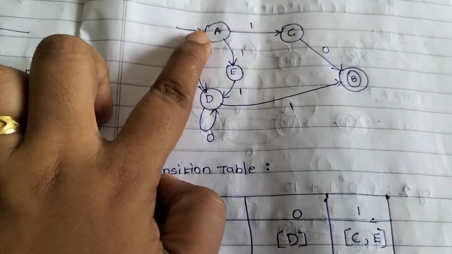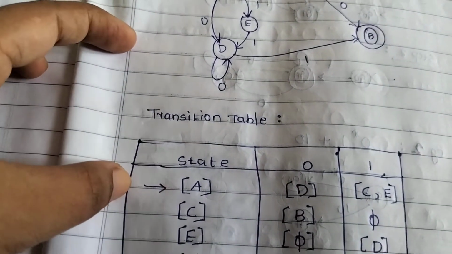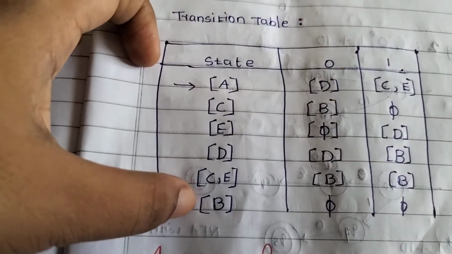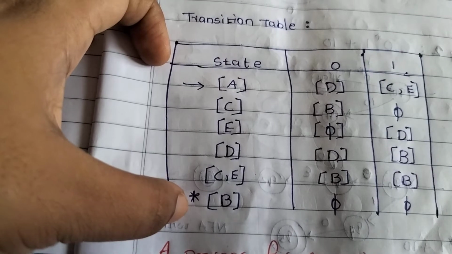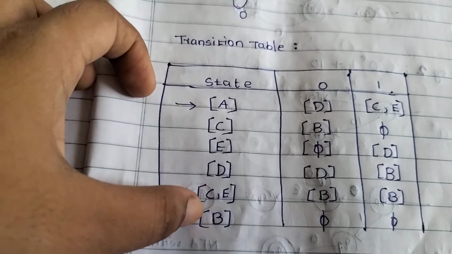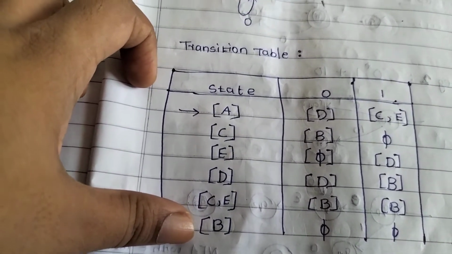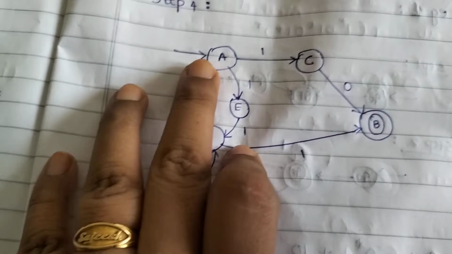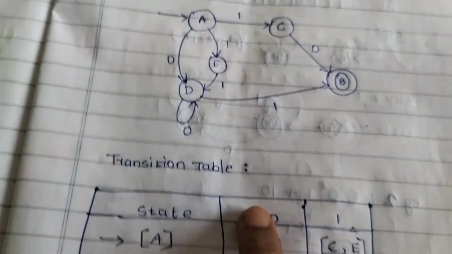In this diagram the starting node is A, so I am marking this as the starting node, and the ending node here is B, so I am marking this as the ending node. Either you can represent it with an asterisk symbol, or you can even circle it, right? So this is how you represent the ending state. The remaining states I have mentioned, right? Now how is it drawn? See, we have only two inputs, 0 and 1.